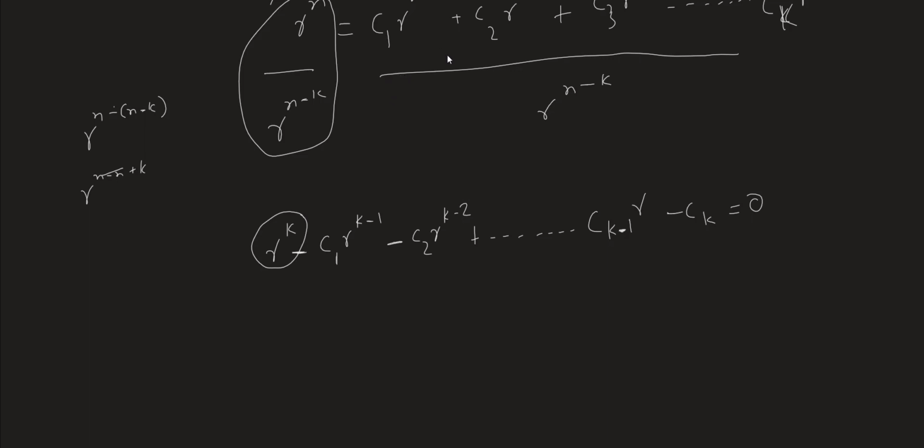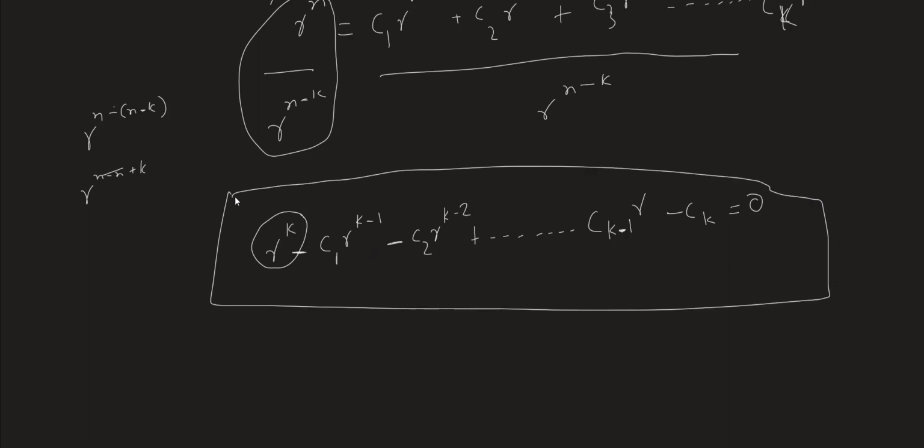We obtained this part by dividing by r^(n-k), and this became c1 times r^(k-1). Now this entire thing is called the characteristic equation.